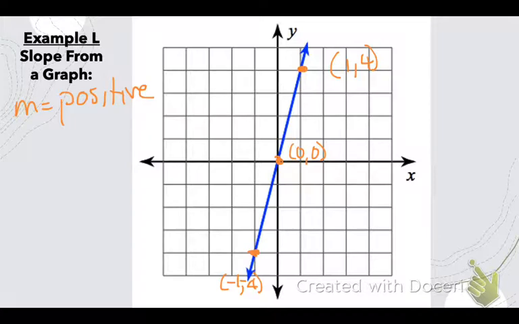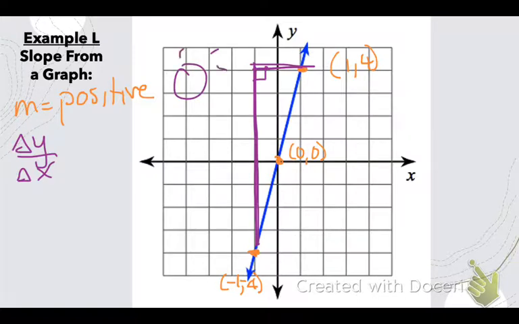So you can draw a triangle between any 2 points. Ideally, you want to have it between the closest 2 points, but I'm going to show you what happens if you forget and you didn't see the origin. What happens if you make a triangle between 2 points that are further away? We first want to start off with our rise, because that refers to our change of y, like the sun.